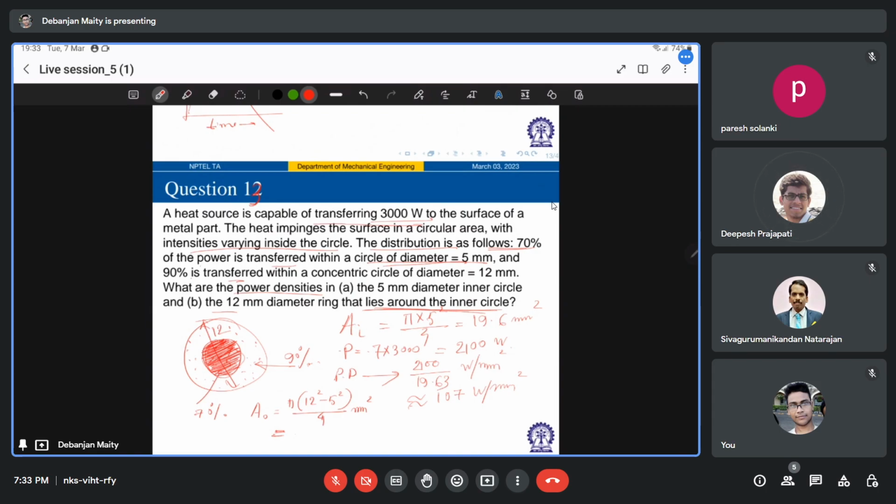That's why I'm not considering the complete one. It says that 90% is transferred within a concentric circle of a diameter. This is not that clear from here, but it says that around the inner one, the dotted region, the efficiencies are different at this region and at the dotted region.